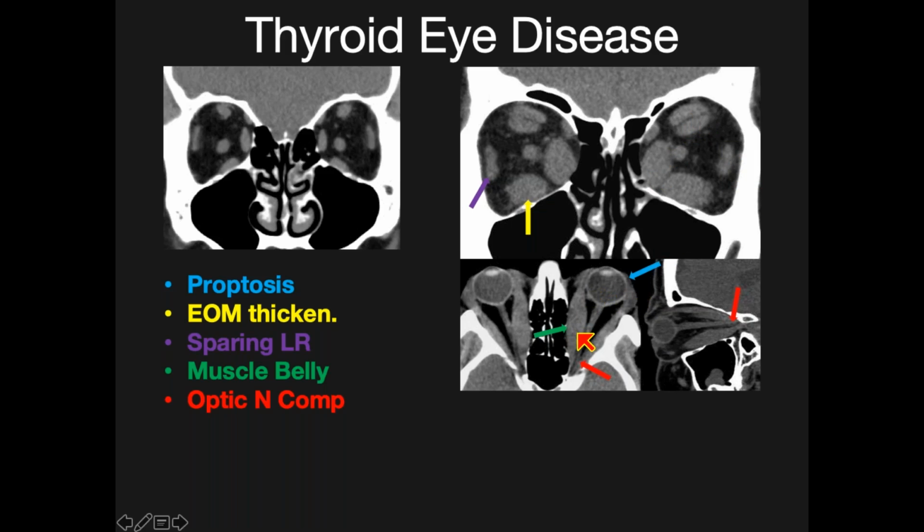It involves the belly of the muscle, and it does not involve much of the tendinous insertion, and this pattern is very classic for thyroid eye disease. What it also does is stretch that optic nerve, causing compression, and this is another reason why we scan patients.